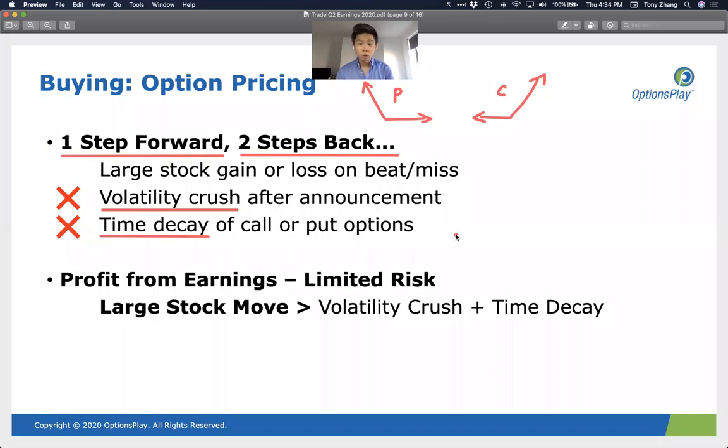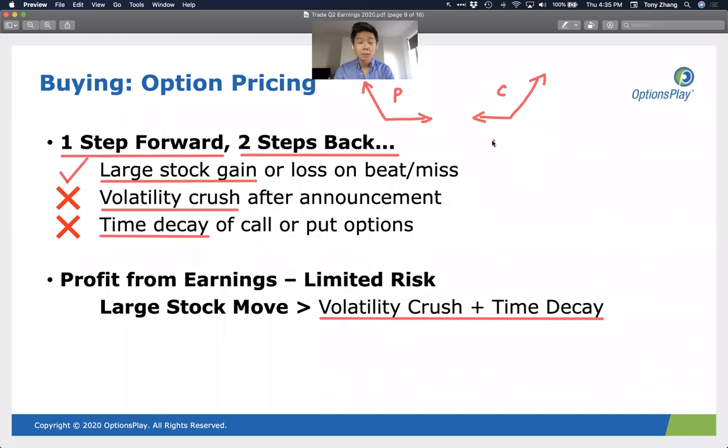Now, if you want to make money buying a call or put going into earnings, you better get the direction correct. Not only do you have to get the direction correct, you need to have a fairly large move in that direction. So this is really where, if you get the direction of the stock correct and you get the magnitude correct, meaning not only do you believe that the stock's going to go higher, it's going to go significantly higher, that's really where we call it one step forward, two steps back, because you have one thing potentially working in your favor when you get the direction correct, right?